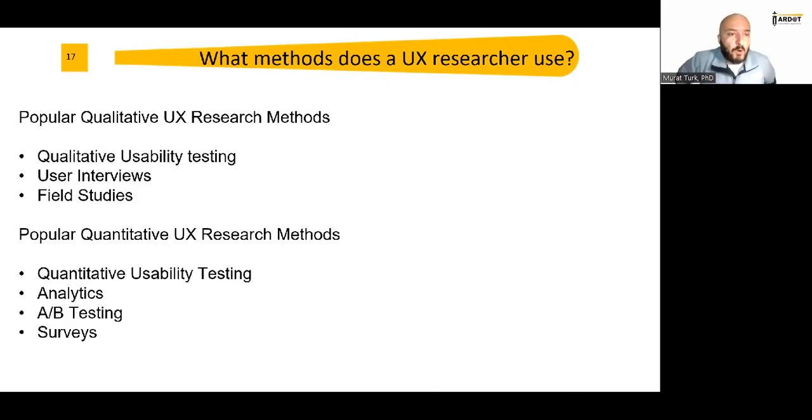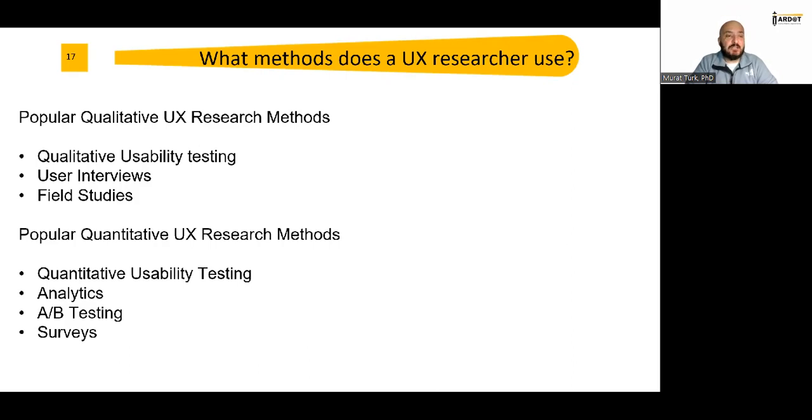So some popular qualitative UX research methods in the field are qualitative usability testing, maybe the most popular one, user interviews, and also field studies. These are three popular qualitative UX research methods.